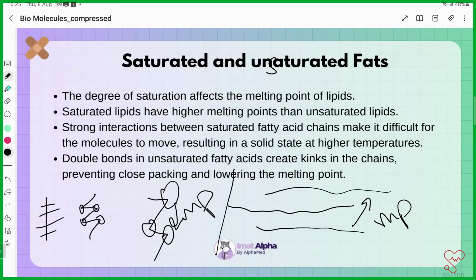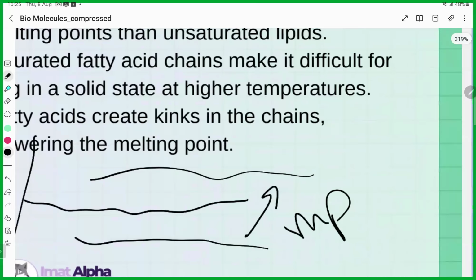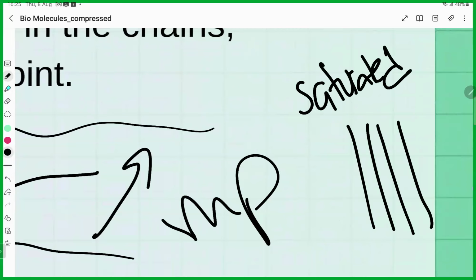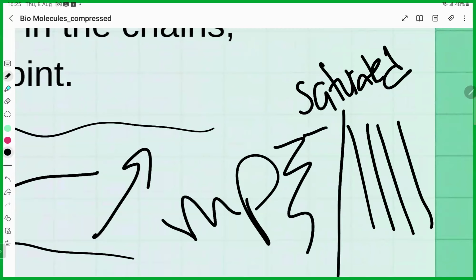And of course, there's another thing. If we have more than one chain together of saturated fatty acids, and more than one chain together of the unsaturated, the kinked ones, which of them do you think has much stronger interactions between them?